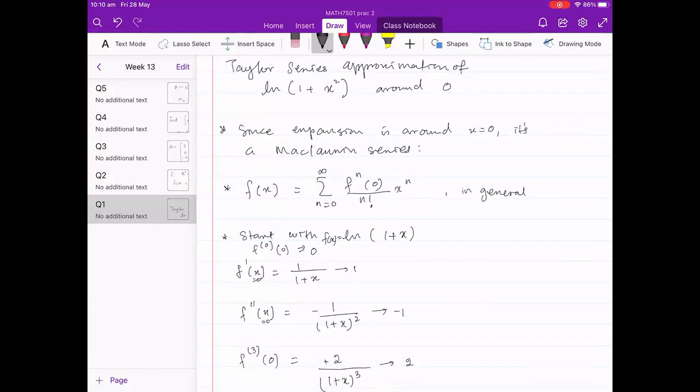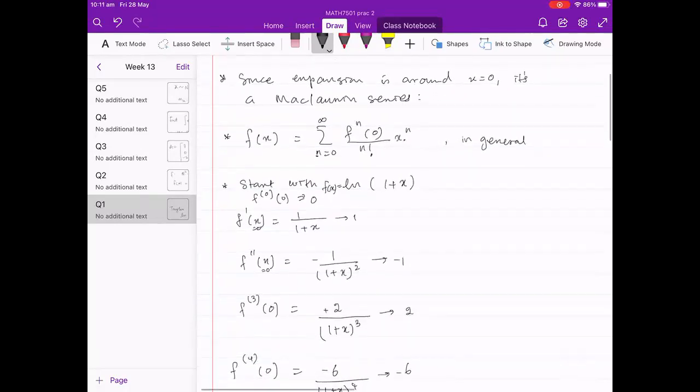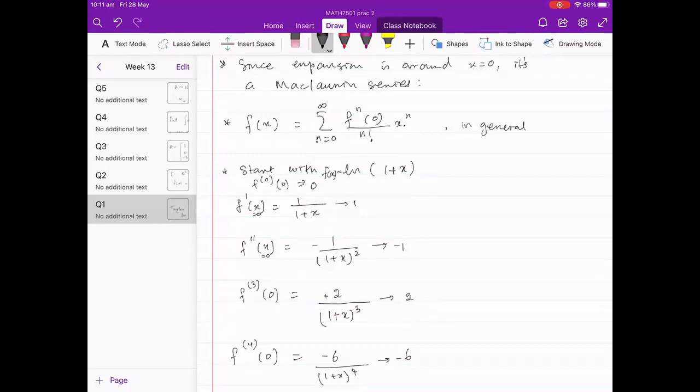Just remember that if the expansion is around x equals 0, then it's a Maclaurin series. And we can get from your lecture notes that Maclaurin series as the sum starting from n equals 0 to infinity of the derivative of f with respect to x, evaluated at x equals 0, times x to the power n divided by n factorial.